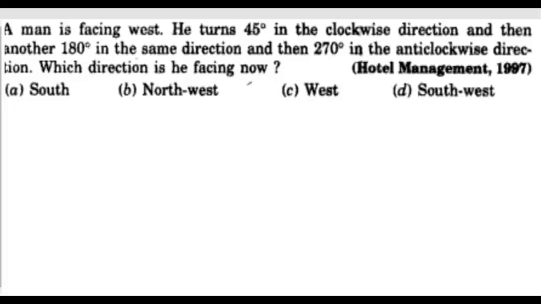You don't know which question might arise. Initially I will show you the full-length method of solving this question. Later I will show you the trick by which you can solve it in less than 30 seconds.